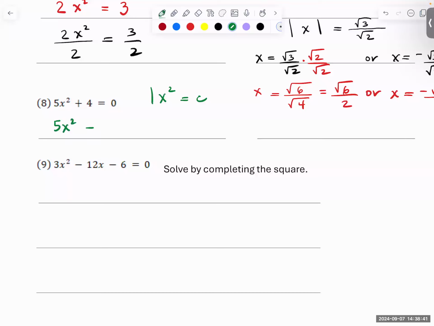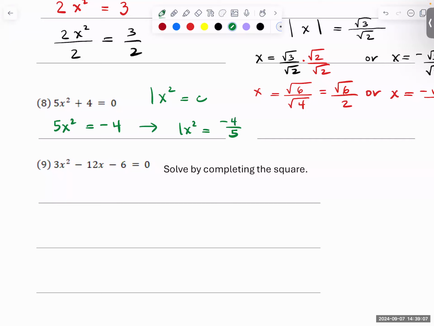The constant is going to be negative. And when we divide by 5 to get a coefficient of 1, we're going to get 1x squared is equal to negative 4/5. But we know that we cannot square a real number and have the result be negative.